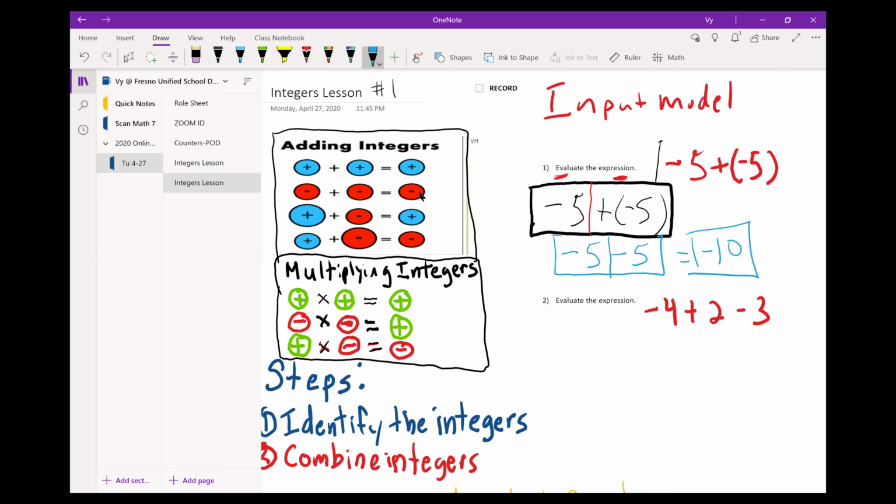How did I know right here, see this one right here? How did I know that was a negative and not a positive? Well, if you look right here on the integer chart, you see that when you have a positive and a negative and you multiply those two, when you have a positive times a negative, you get a negative, okay?